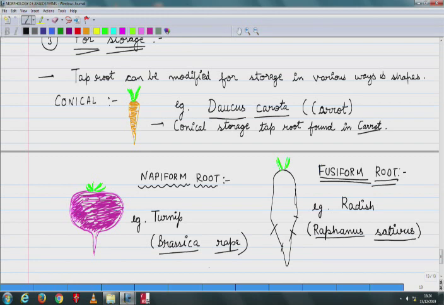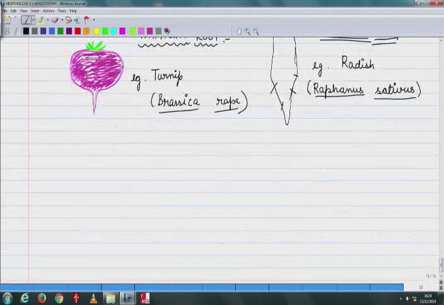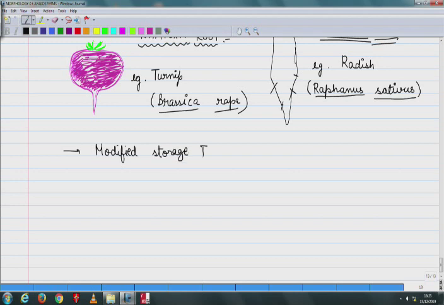So this is done now. Conical root, napiform root, and fusiform root. These were modified taproots. Modified storage taproots. I'll write this here. Modified storage taproots.